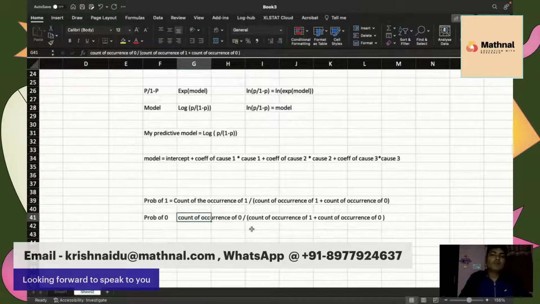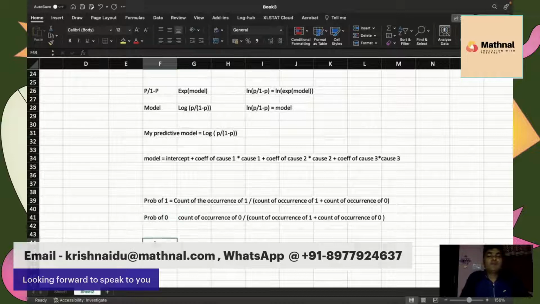We have only two outcomes because we are building a binary case: either more than or equal to 15%, or less than 15%. So in the denominator, we add the count of occurrence of all the possible outcomes.